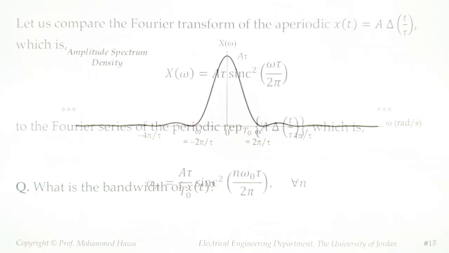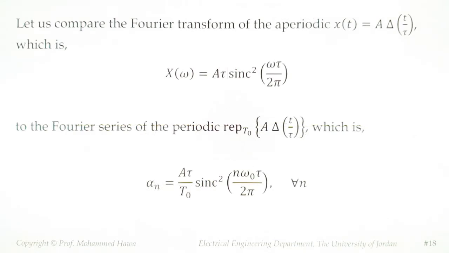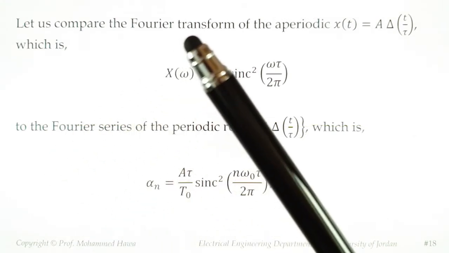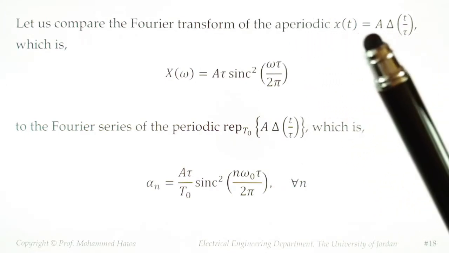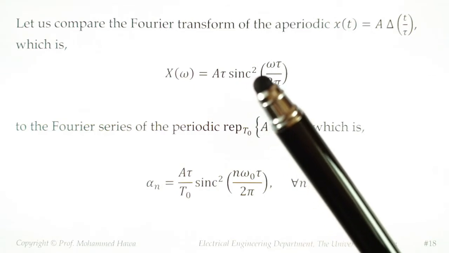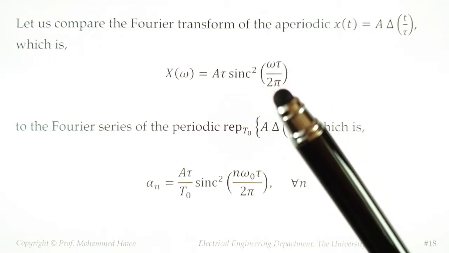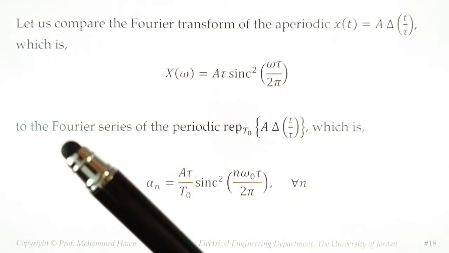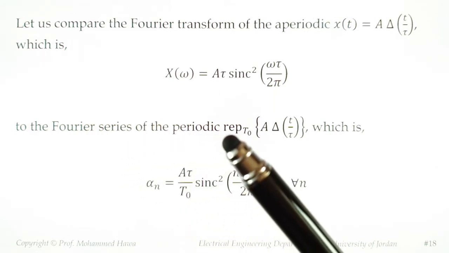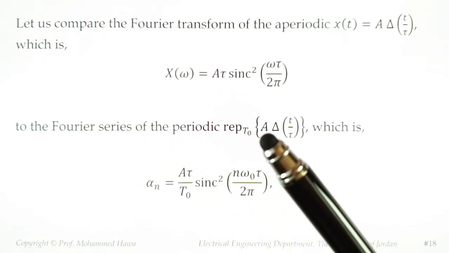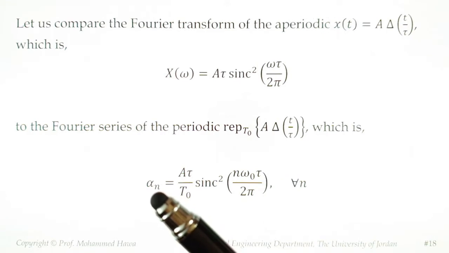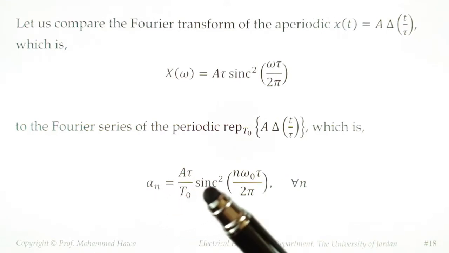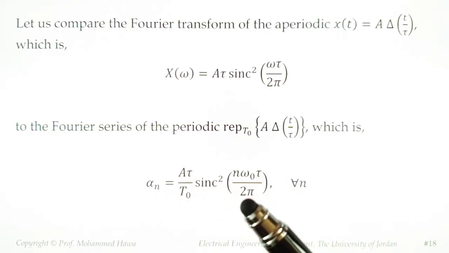It's also interesting to notice that if you memorize the Fourier transform of the aperiodic x of t of a single triangular shape, which is a tau sinc squared omega tau over 2 pi, you can easily remember the Fourier series of the periodic version of the signal, which repeats every T naught. Because the answer for this one, which we found earlier, turns out to be alpha n equals a tau over T naught sinc squared n omega naught tau over 2 pi.